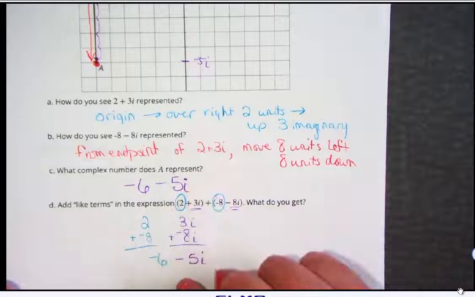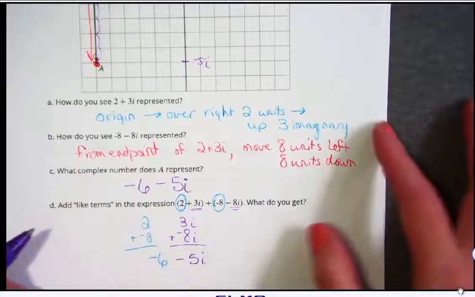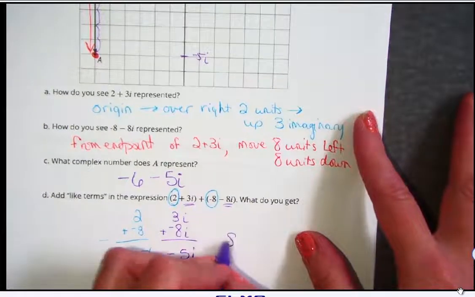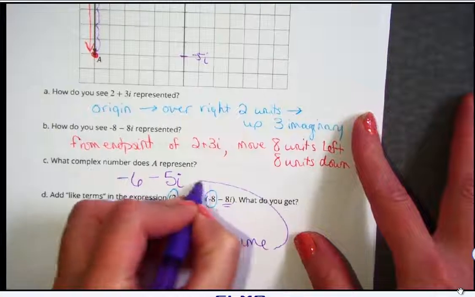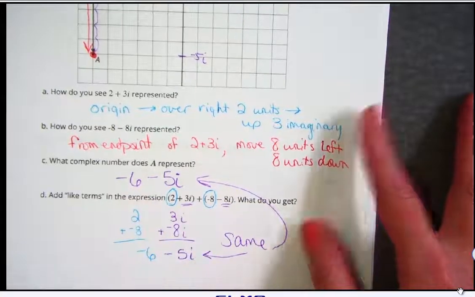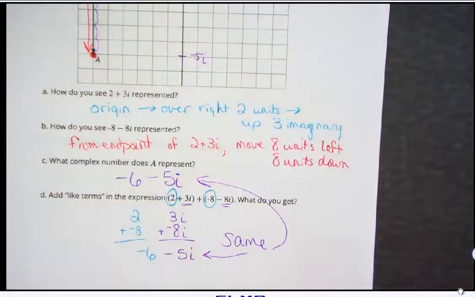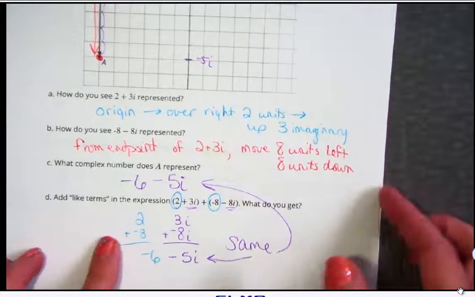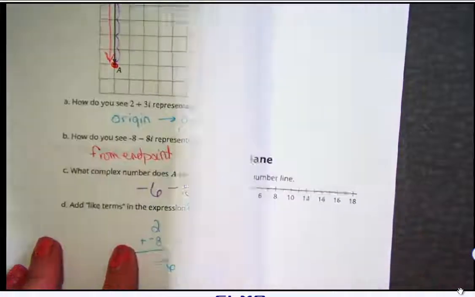Ooh, we got the same answer. So we can add things using a grid. We can add things just by combining like terms. Combine the real parts, combine the imaginary parts.